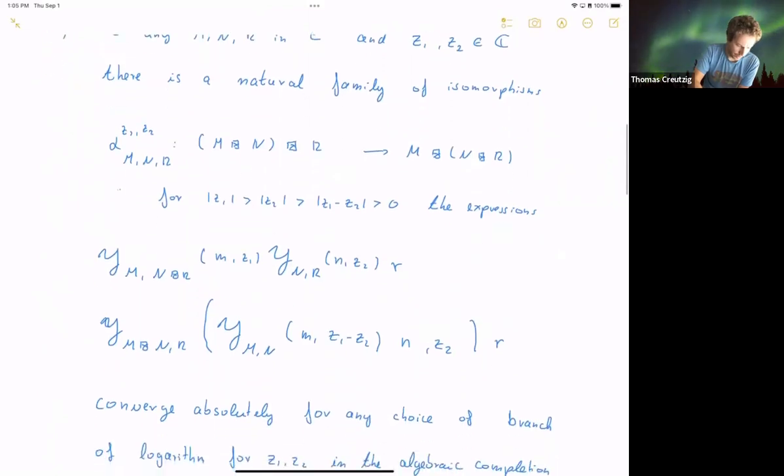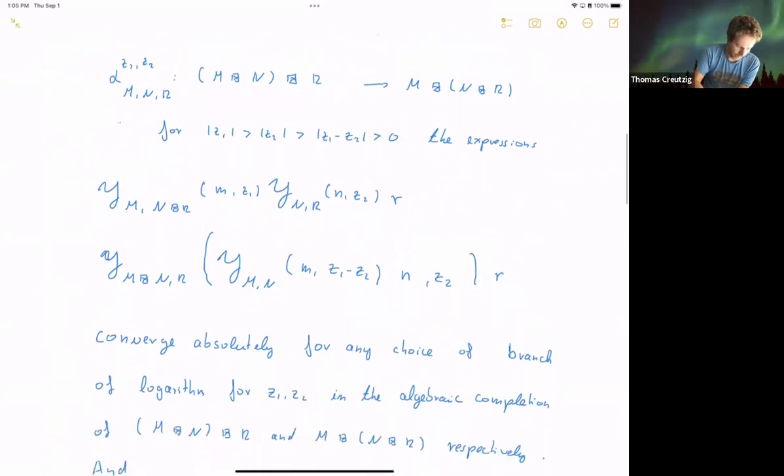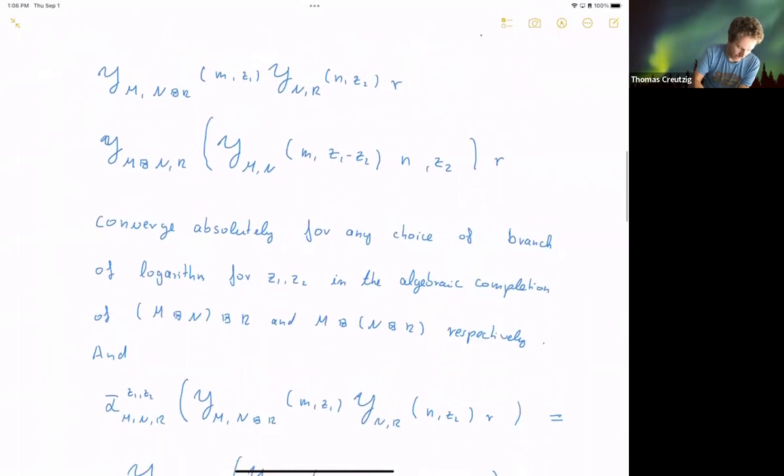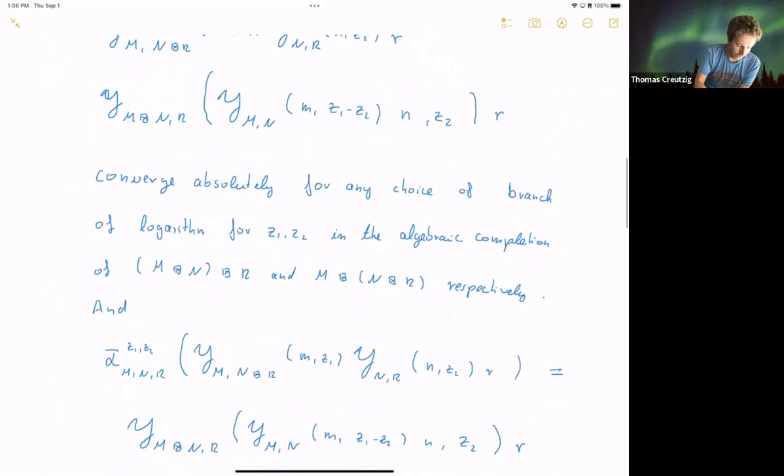And so the statement is, if you apply your intertwining operators in the appropriate different order, so these are the two expressions I wrote down here, then first of all, both these expressions converge, and the associator is then the map that takes the first expression to the second one.